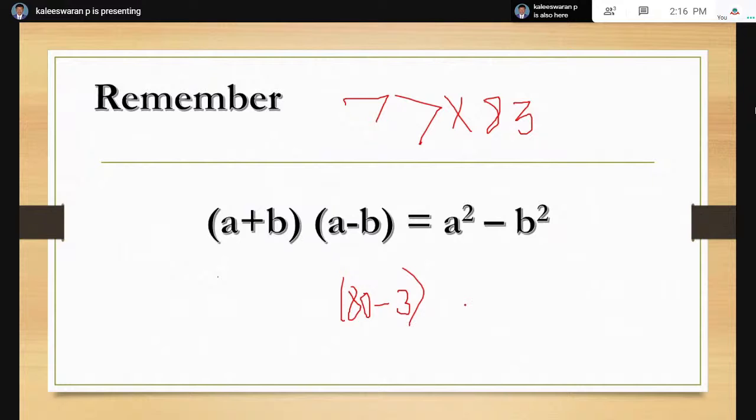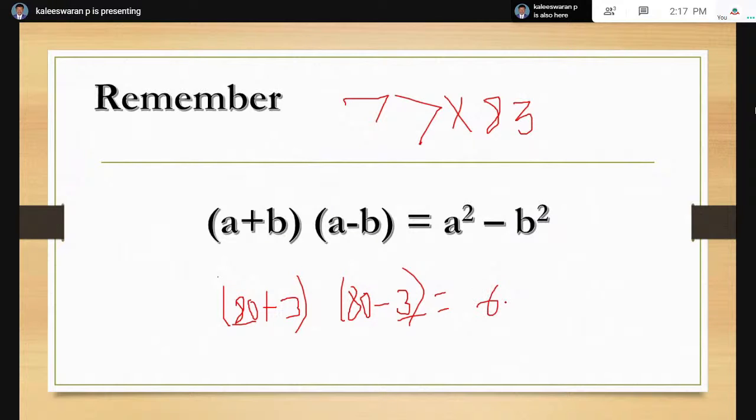And 83 we can write as 80 plus 3. Yes, it is right. So here 80 is the A and 3 is B. 80 plus 3 and 80 minus 3.